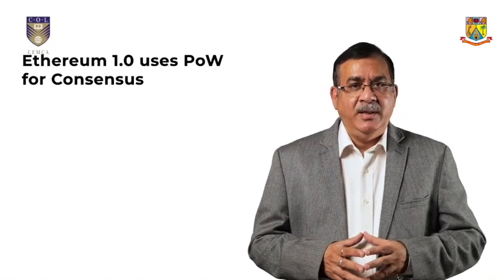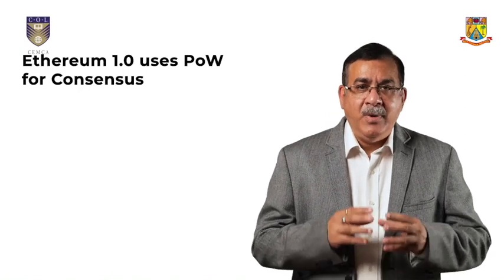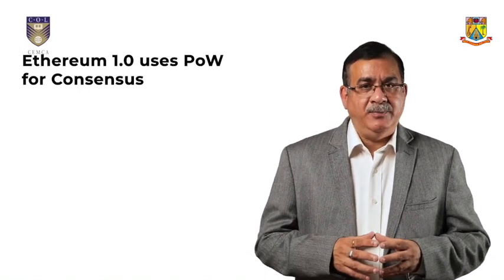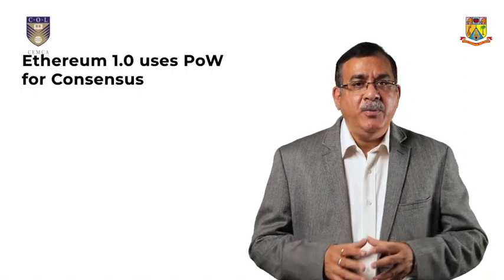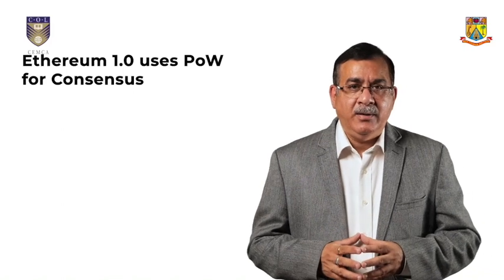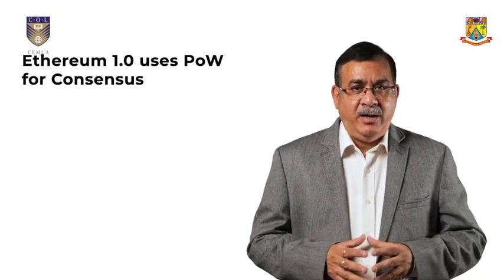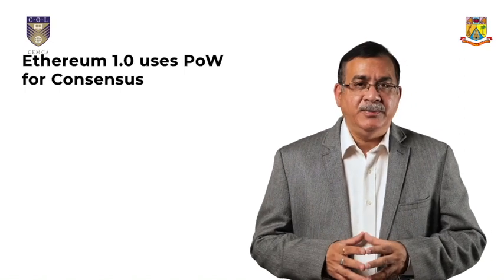This means that anyone who wants to add new blocks to the chain must solve a difficult puzzle. Solving the puzzle proves that you have spent the computational resources. Doing this is known as mining. Mining can be trial and error, but adding a block successfully is rewarded in ethers.